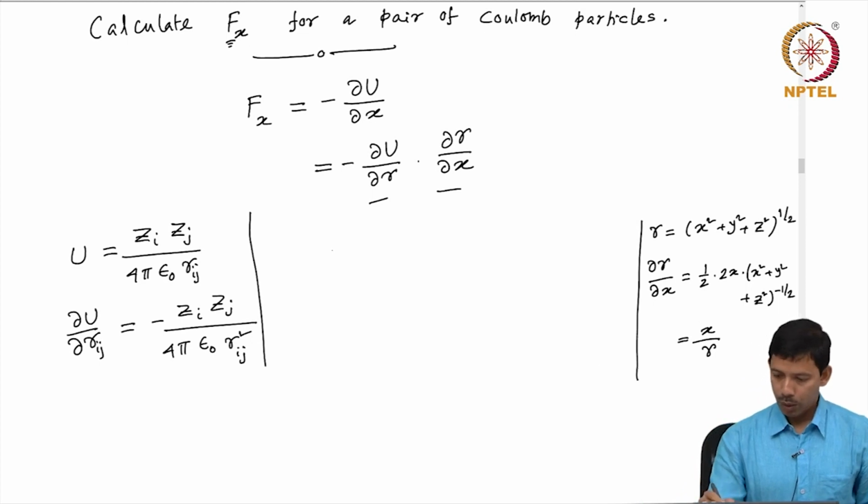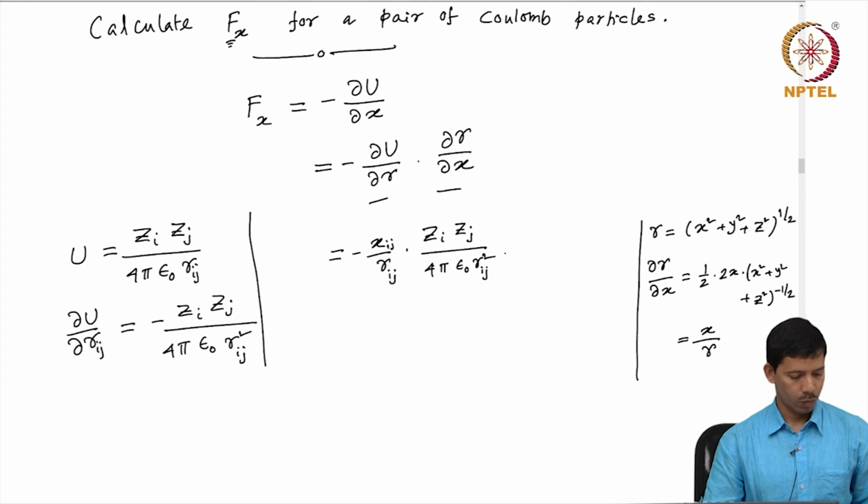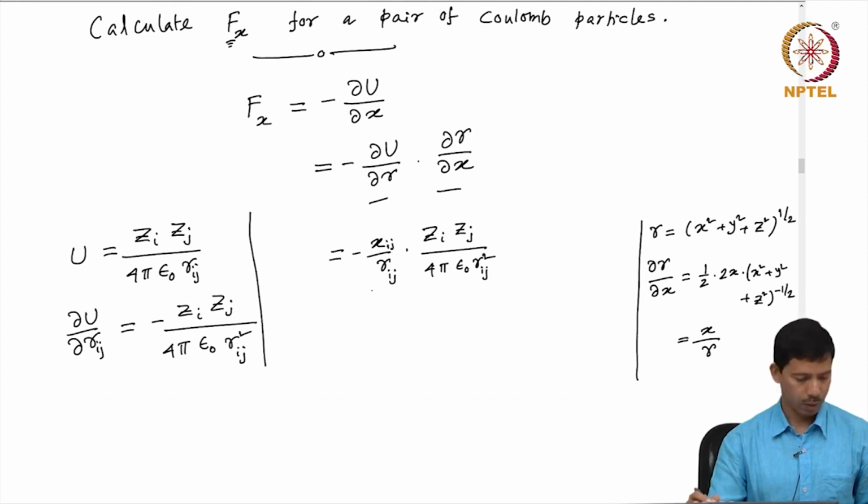So if you put them together, what we get is minus x by r times Zi Zj divided by 4 pi epsilon 0 Rij square. So Fx is x by r.